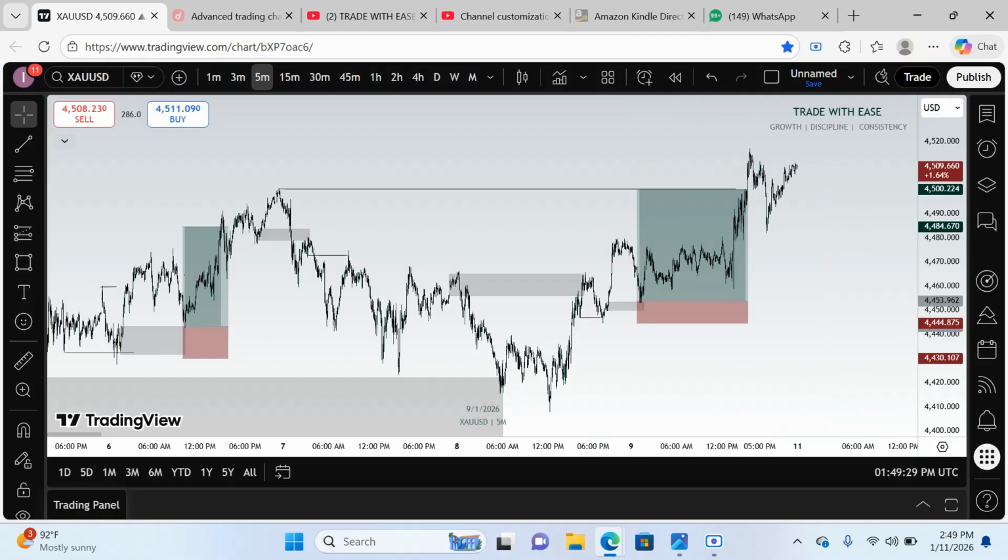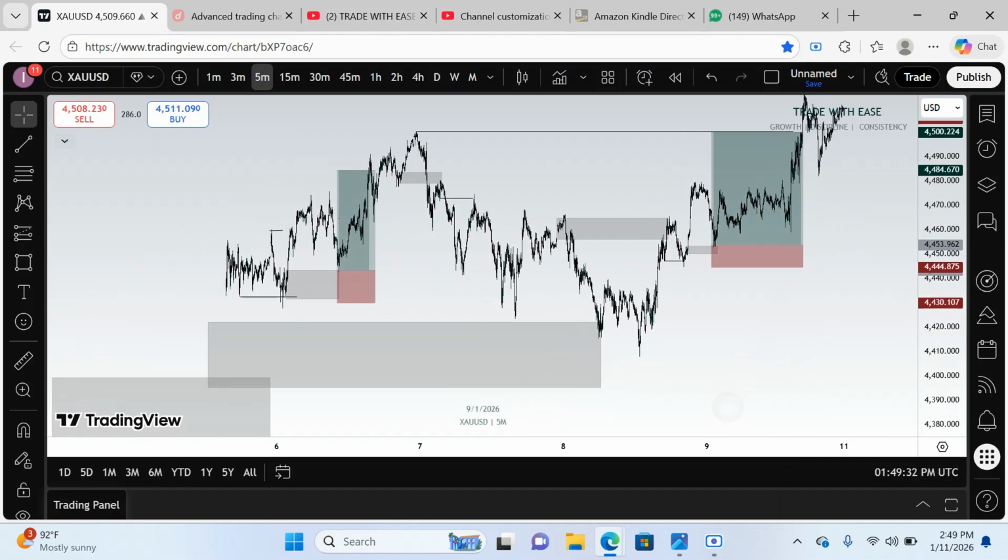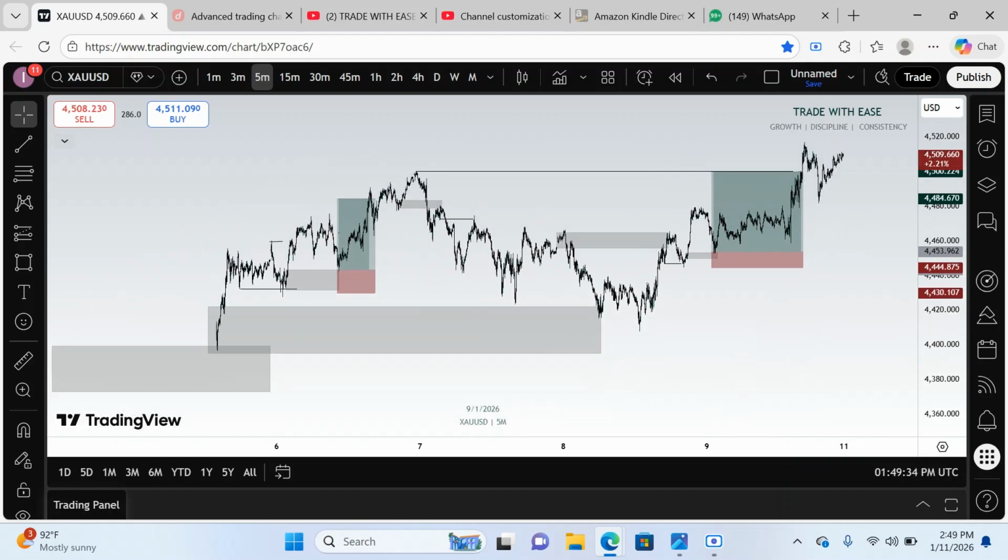So now, can you see how we balanced higher time frame structure and lower time frame structures together in order to get entry, right?